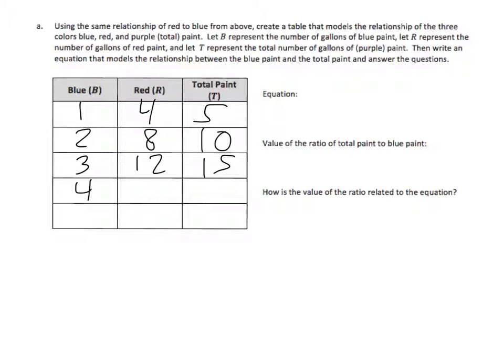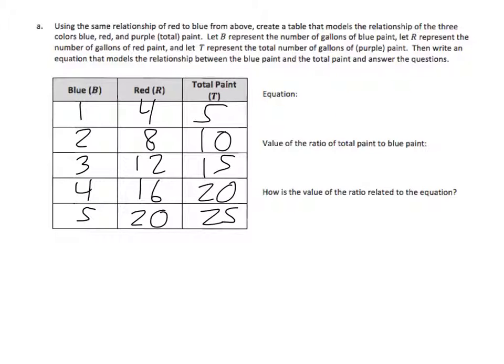And then 4 and 16, multiplying by 4 to get 20 total gallons. And then we can go 5 and 20 to get us 25. So here we multiplied by 2, here we multiplied by 3, here we multiplied by 4, here we multiplied by 5.